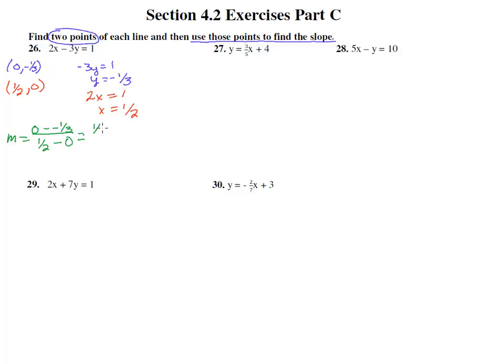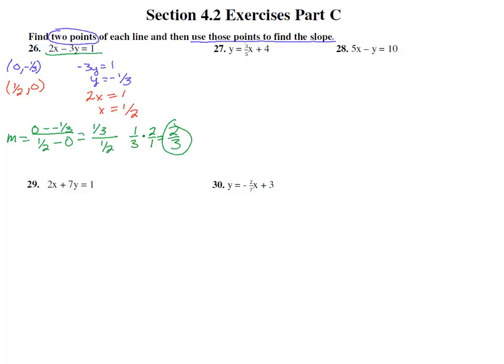So this is positive 1/3 divided by 1/2. Now, do we remember how to do fractions? Yeah, 1/3 divided by 1/2 is the same as multiplying by the reciprocal, 2 over 1. So we get 2/3. So 2/3 is the slope of this line.